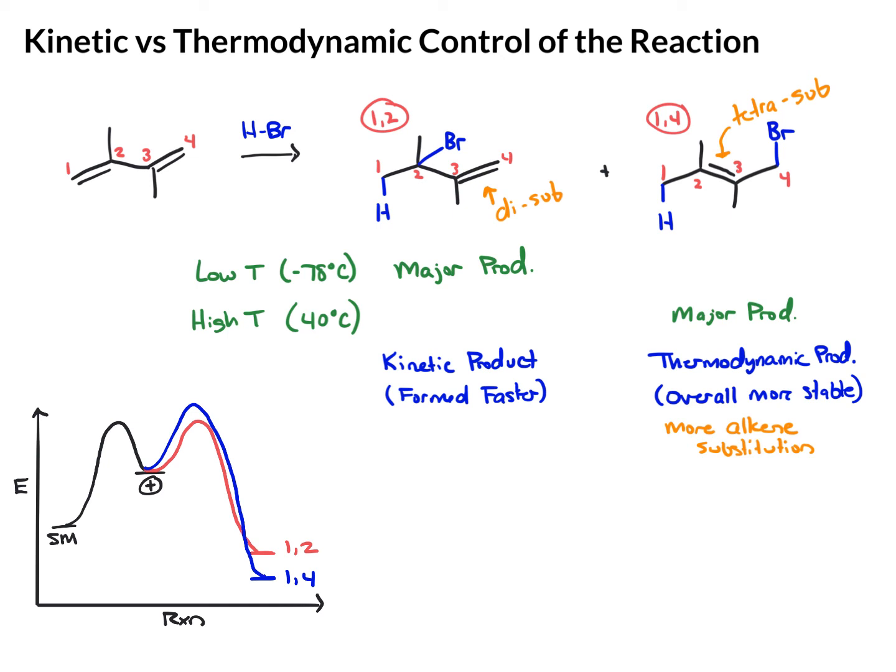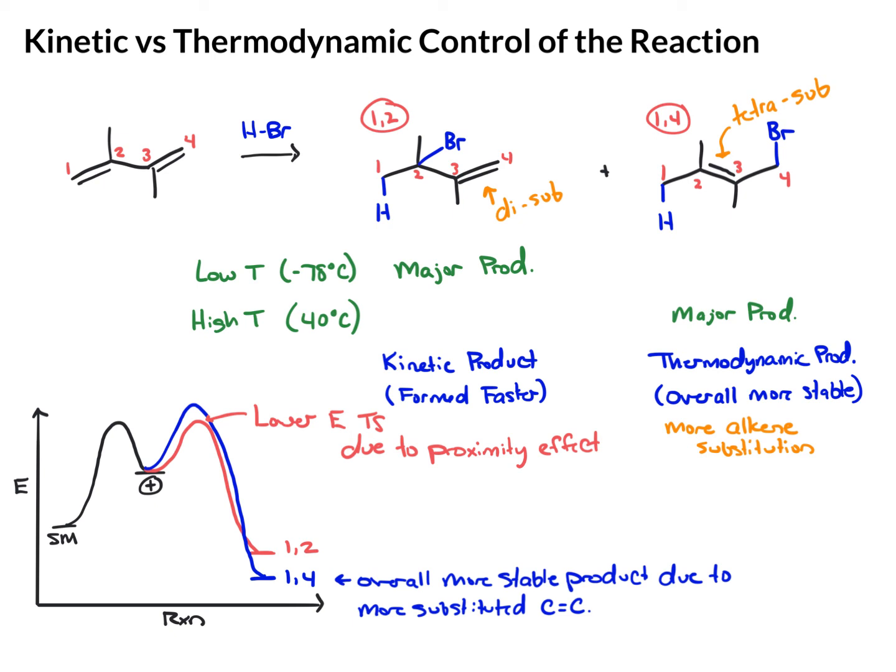The lower energy transition state for the 1,2 product is due to that proximity effect. Whereas in the case of the 1,4 product, you don't have that proximity effect, so it's a little bit harder to traverse the transition state, but in the end you get the overall more stable product because of the more substituted double bond.